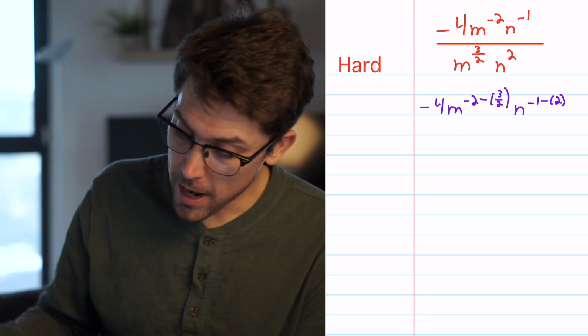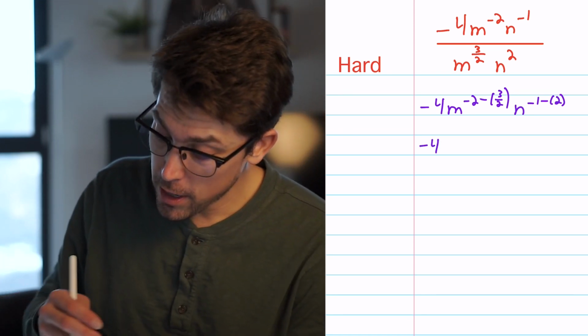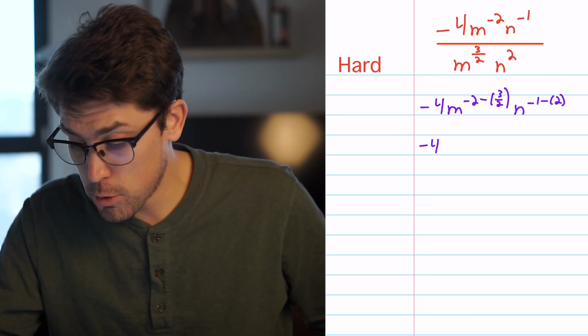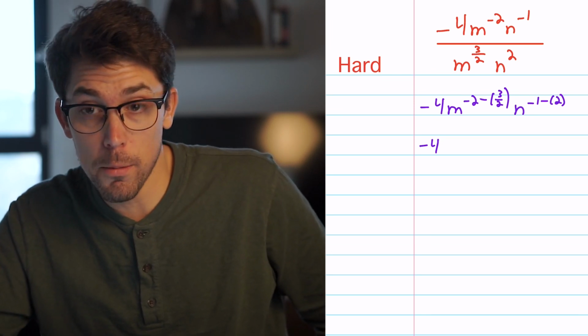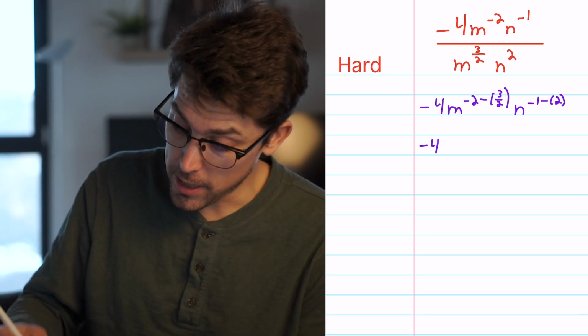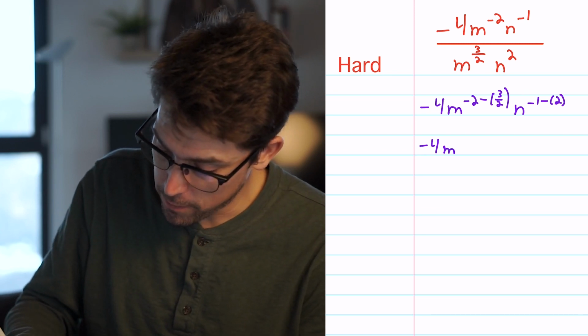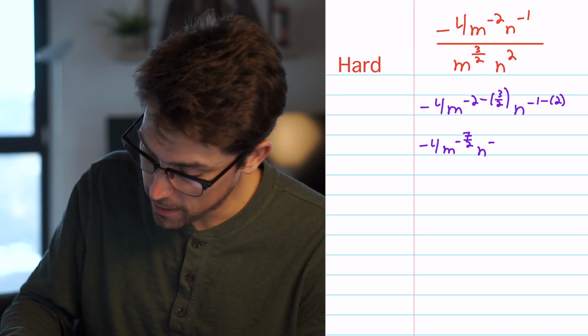So now that I have that rewritten, I can rewrite this as negative 4, then m to the negative 2 minus 3 over 2. That's just subtracting fractions or adding fractions. It's just basic algebra with fractions and a whole number. So what I would do here is just add these two. This would give me m to the power of negative 7 over 2, n to the power of negative 3.